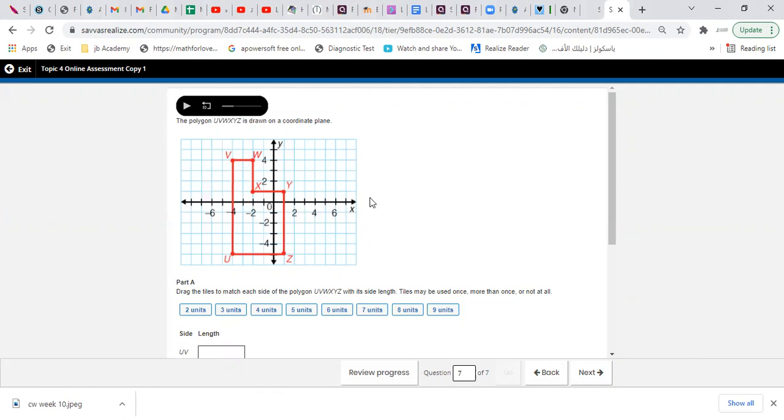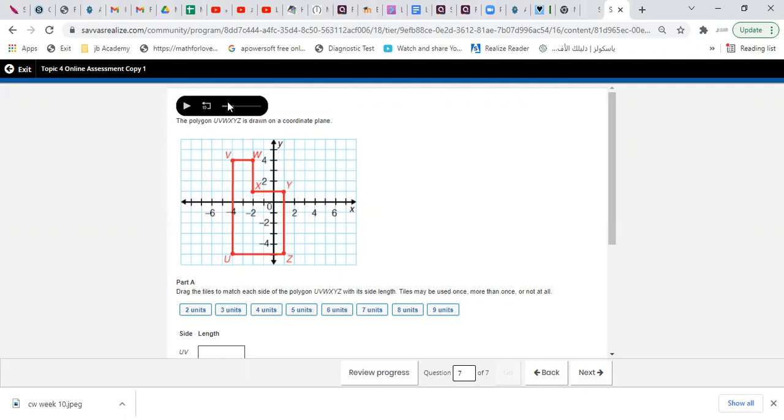Now last question. Drag the tiles to match each side of the polygon with its side length. Now it's very easy. UV, how many units?